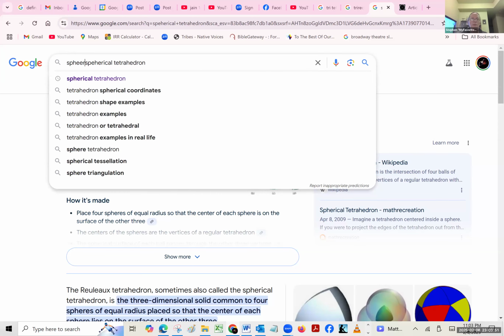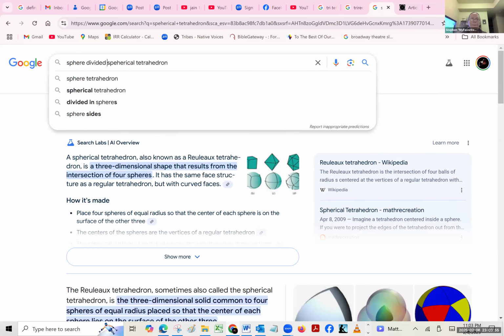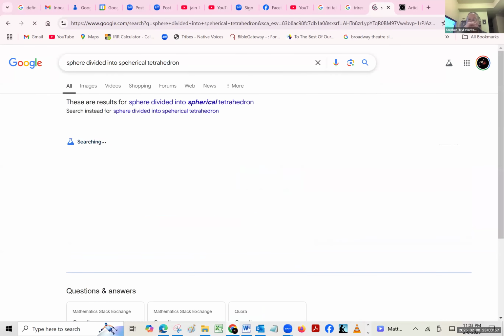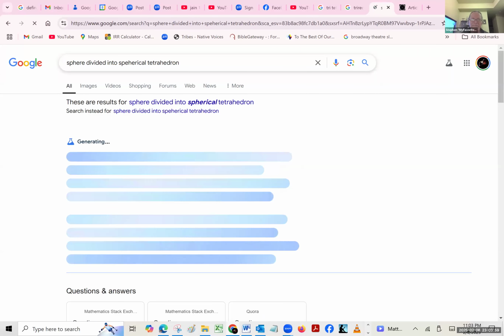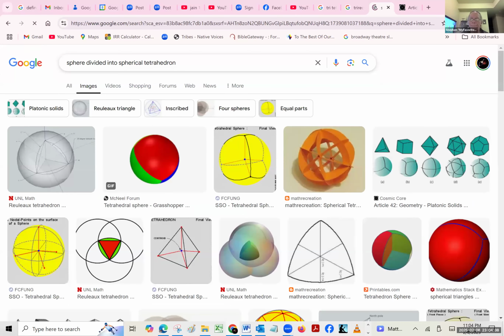Sphere divided into spherical tetrahedrons. And this, let's see, edges. Okay, there it is right there. This is the guy right here and right here. These two pictures right here and right here. Oh, okay.